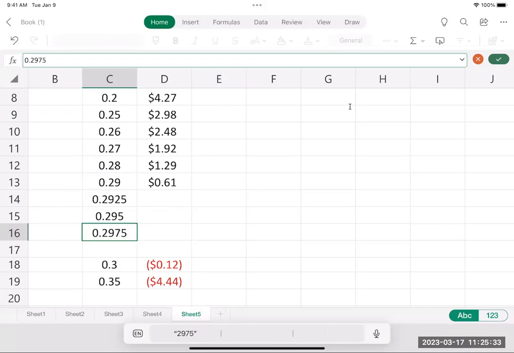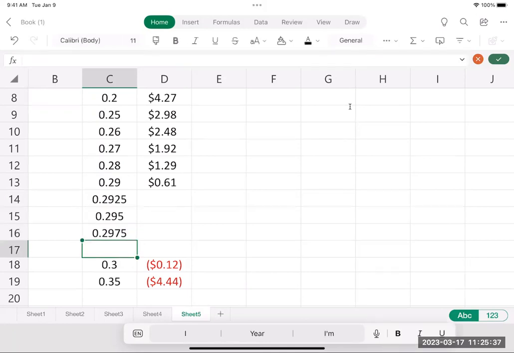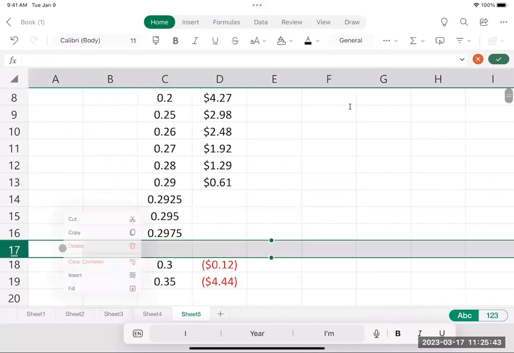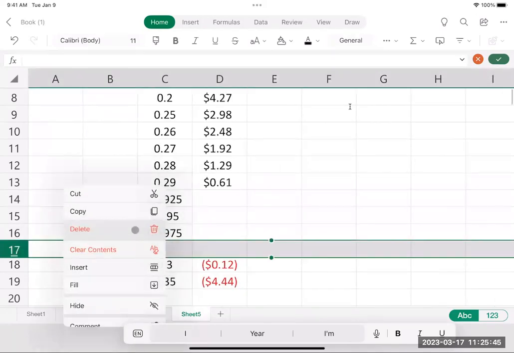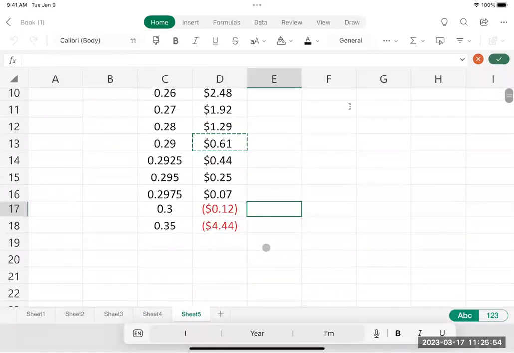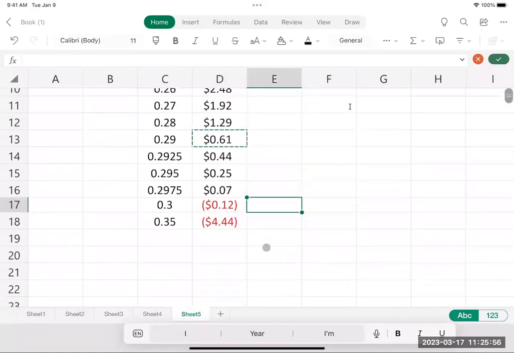So I'm going by 0.0025. And then that's it. Hope you're following me on this. Okay, and now, so there you go. So it's very close to 30%.